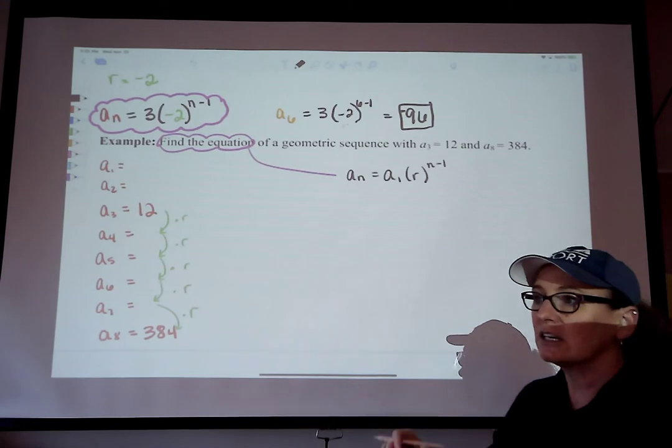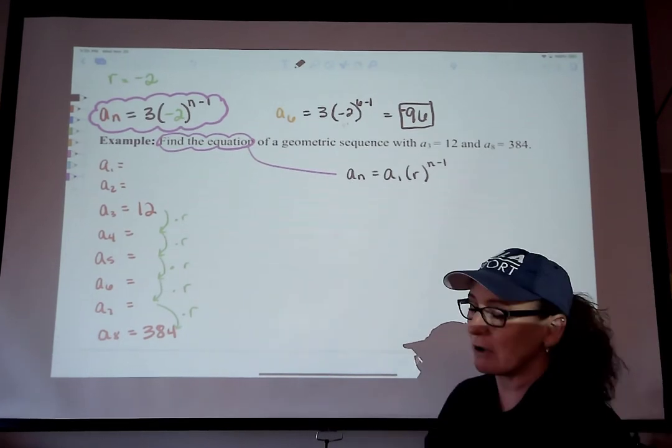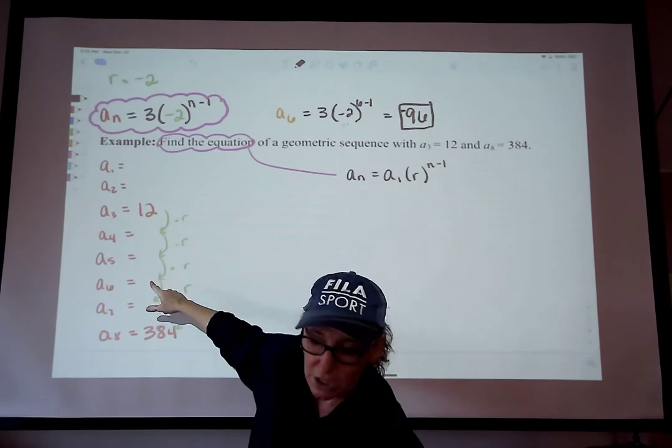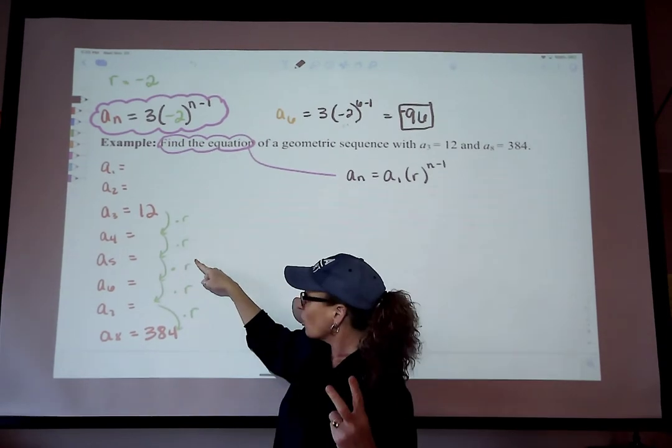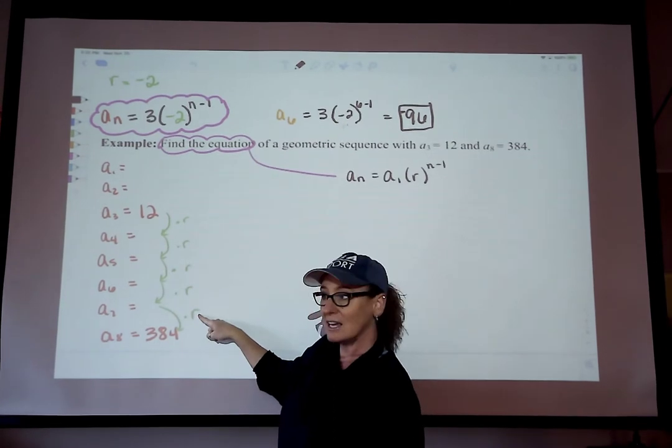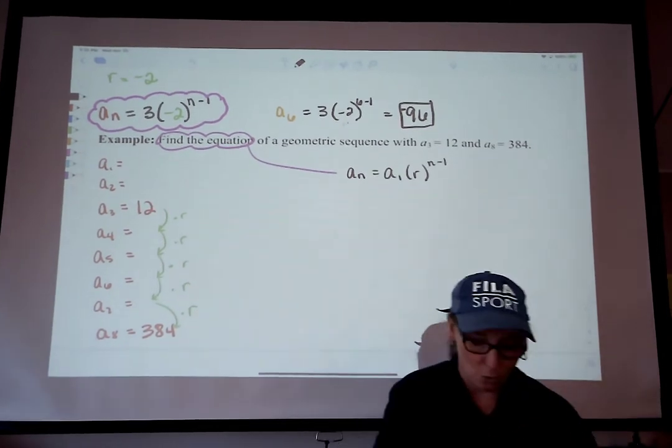Keep in mind, to get to each term, you multiply by a constant. So do you agree that if you start at 12, and you go times R, times R, times R, times R, times R, you get 384?